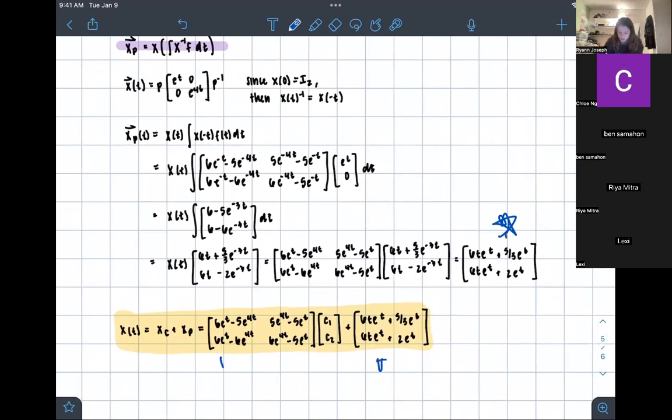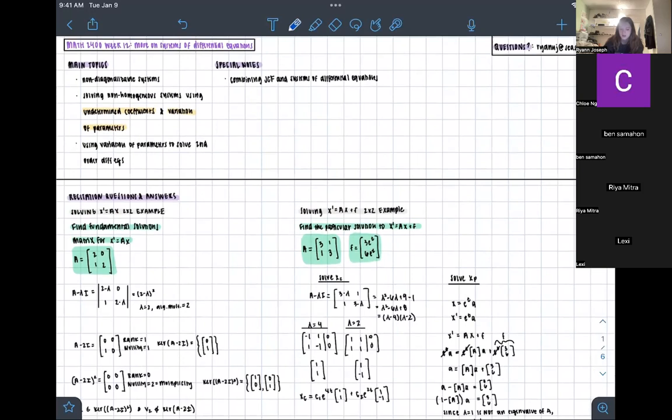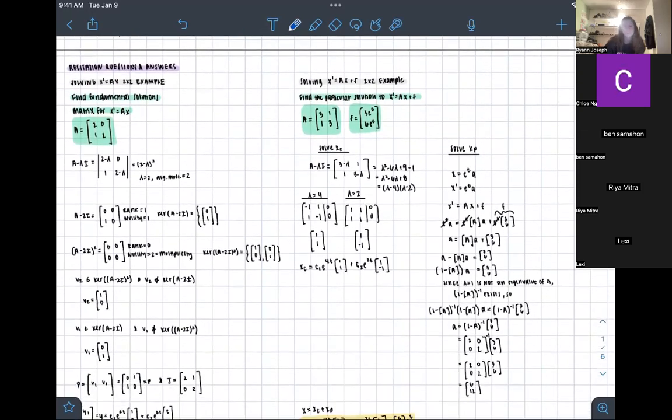So this is xc, and this is xp. Okay, that is mostly all of week 12. I would do some practice with these, especially because they're trickier and require a little bit more algebraic manipulations.